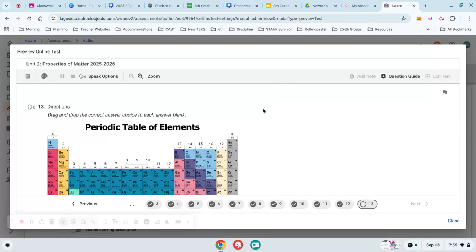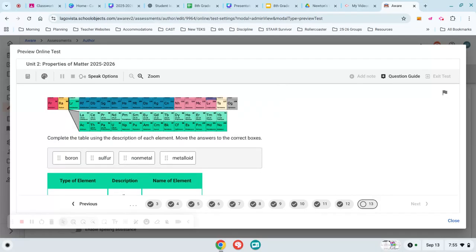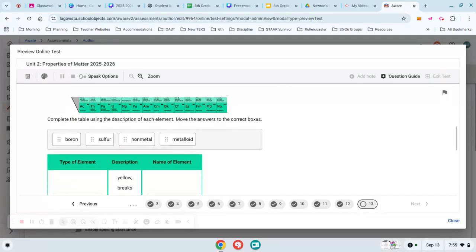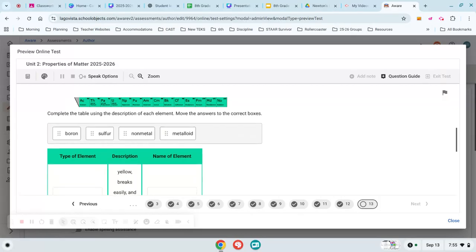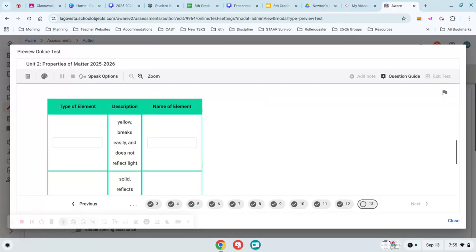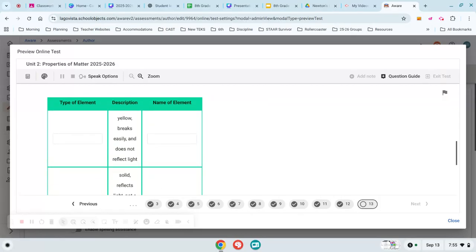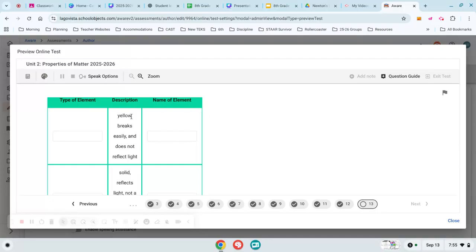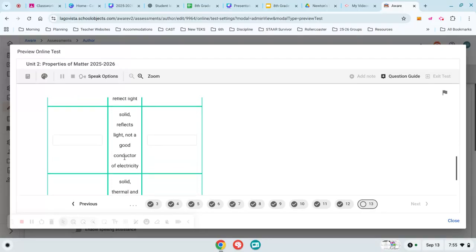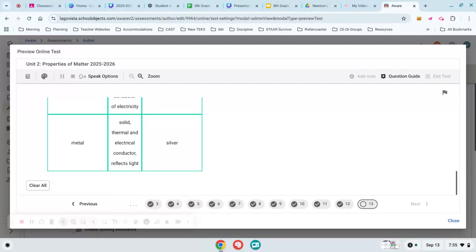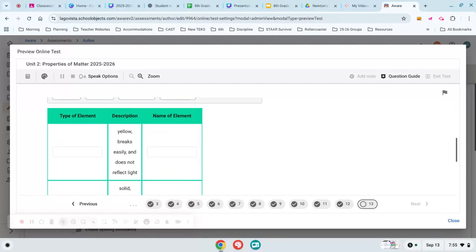All right, 13. Using the table, complete the table using the descriptions. So the easiest thing to do first was to kind of go through here and decide if it was a metal, nonmetal, or metalloid based on the description.